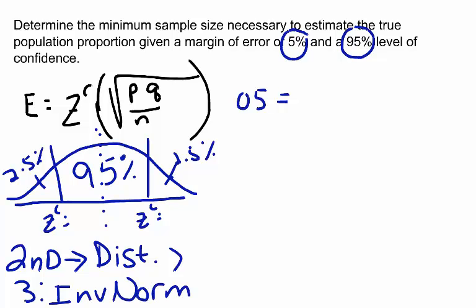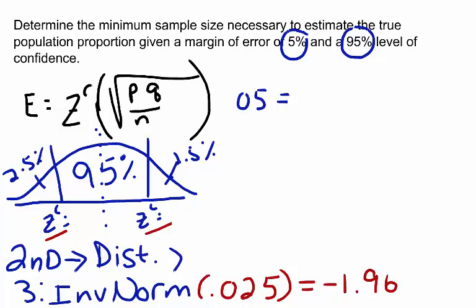And since we're interested in getting the critical value of Z at these endpoints, we'll put in 0.025, the decimal form of 2.5%. This will give you negative 1.96. So at my left endpoint, I have negative 1.96, right endpoint, positive 1.96.